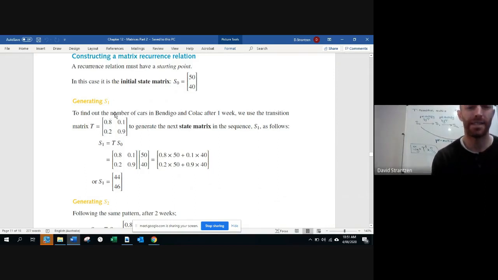The textbook often leaves out the from and the to, and they've also left out the column and row headings, but I definitely suggest and encourage you to put them in: B, C, B, C, from at the top, to at the side.